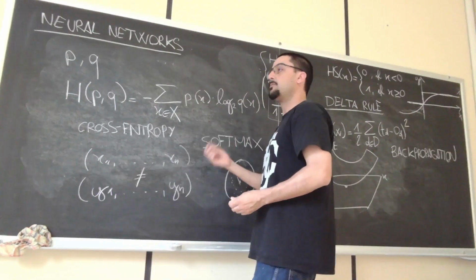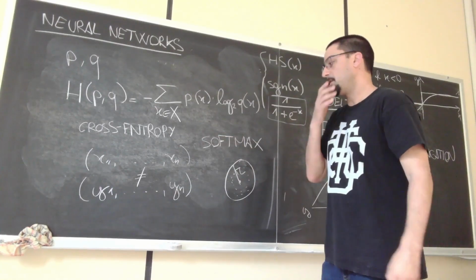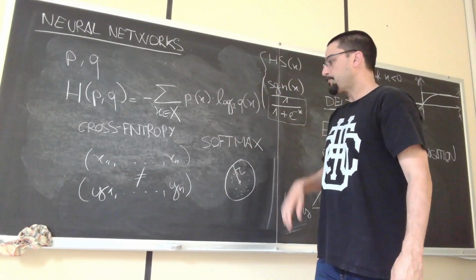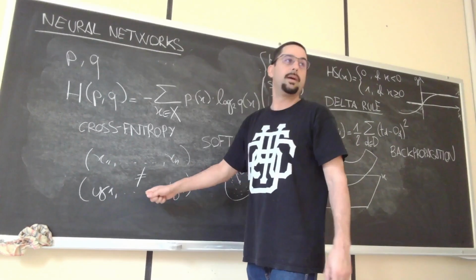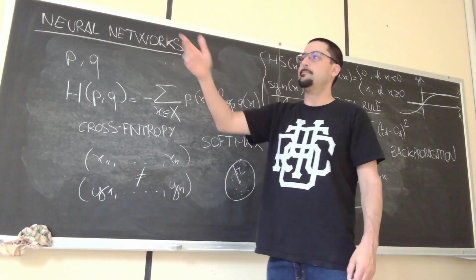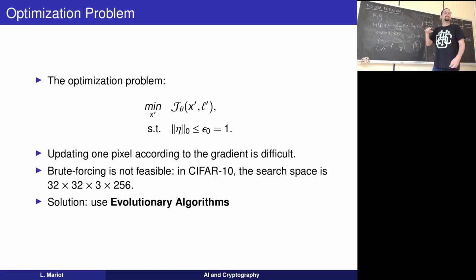So I'm counting the number of coordinates that are mismatched. The problem is that this is a distance, but it is not induced by any norm. So calling it a norm is not precise from the mathematical point of view.